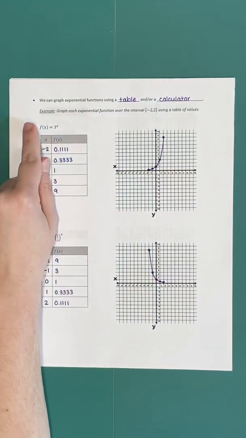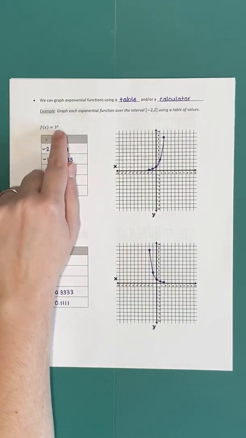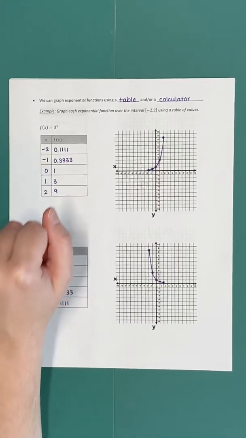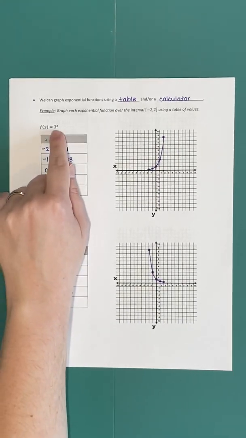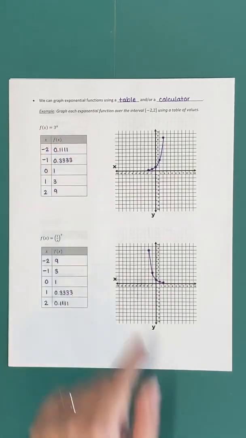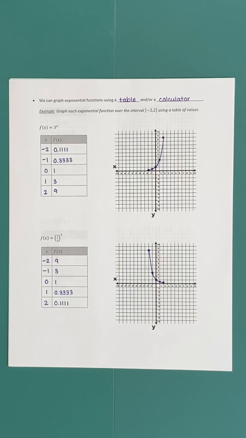Okay, so our first function is going to be f of x is equal to 3 to the x power. Why is this exponential? It falls under this category because the base is a fixed number and the variable is in the exponent. What makes it exponential is where the variable is.